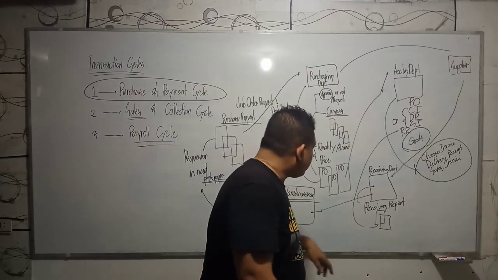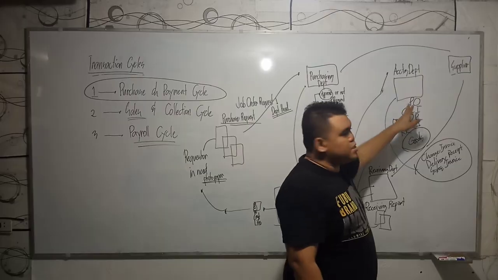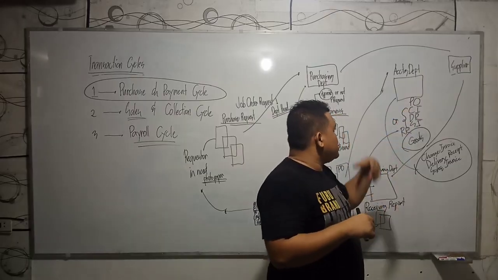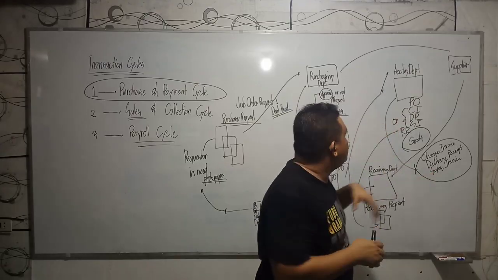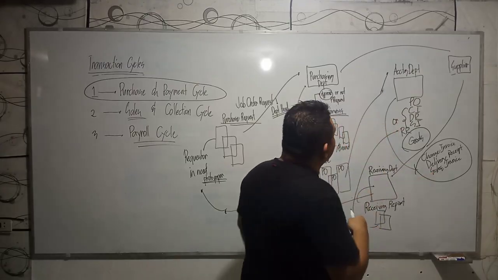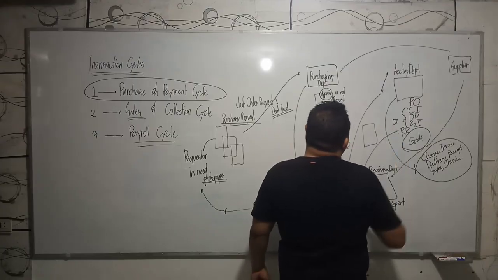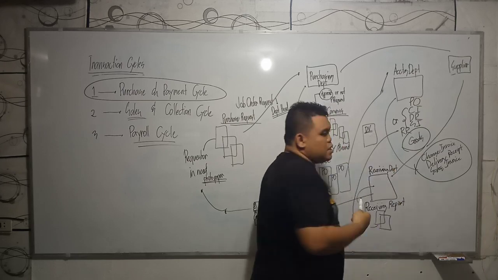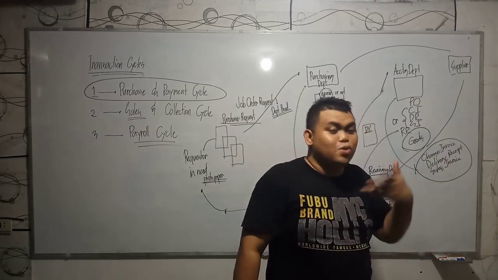So again, the accounting department, of course, matches the details in the PO, the charge invoice, delivery receipt, sales invoice, and the receiving report. And if it is already good, normally the accounting department will make a disbursement voucher. That is a document that is as if an order to pay already because everything is good.